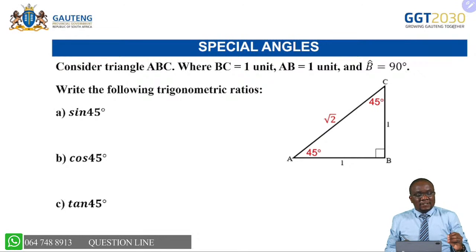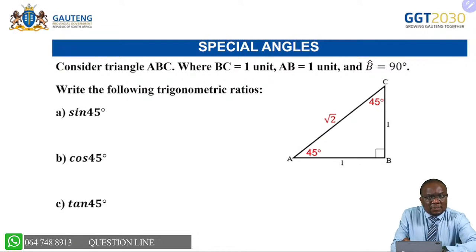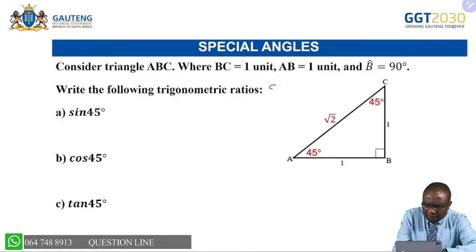Sine 45 degrees, cos 45 degrees, tan 45 degrees. How many people remember the acronym that we use? We use SOHCAHTOA. Sine theta is opposite side over hypotenuse side.